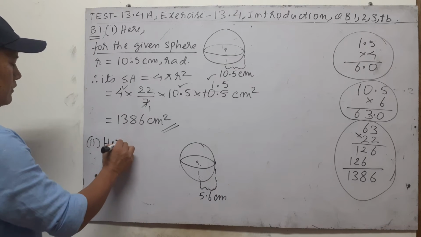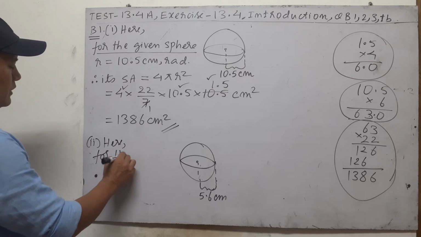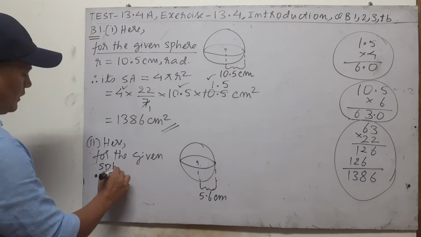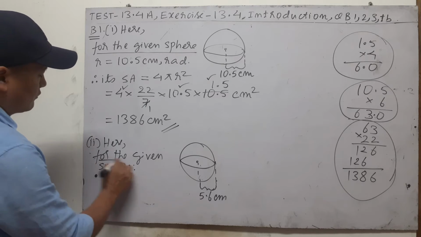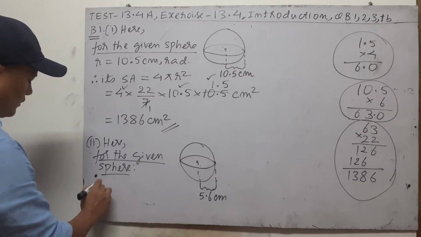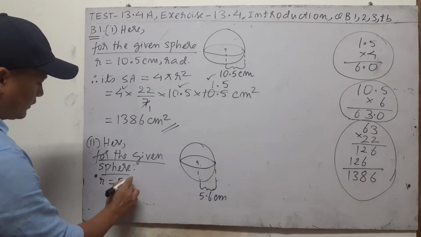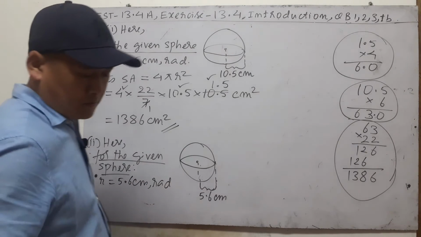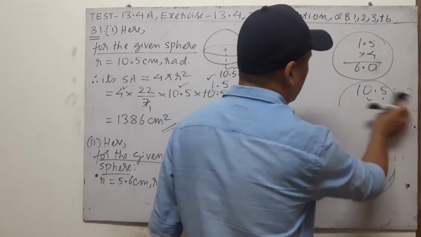Here, just like previously for the given sphere, I think I can do faster because I've shown the first one quickly, slowly. So r is equal to 5.6 centimeter is its radius. So we can continue.